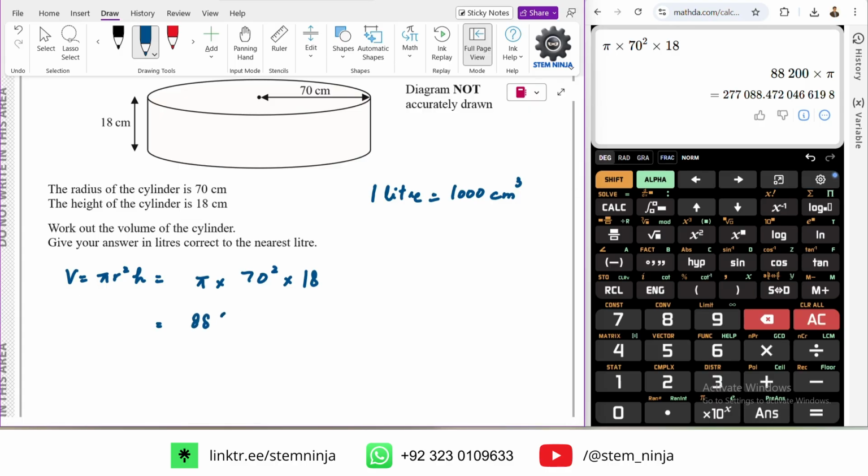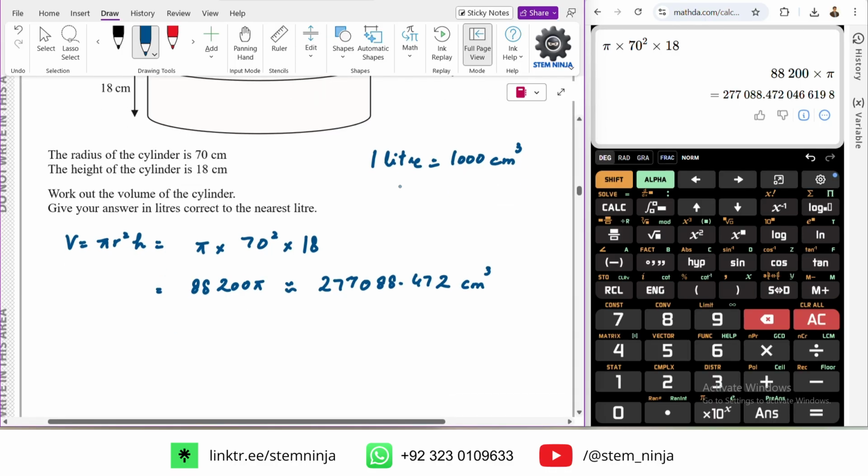Since this is not the final answer, we can keep it in the exact form for the moment. 277,088.472 centimeter cubed. Now we need to convert it into liters. So 1 liter is 1000 centimeter cubed.